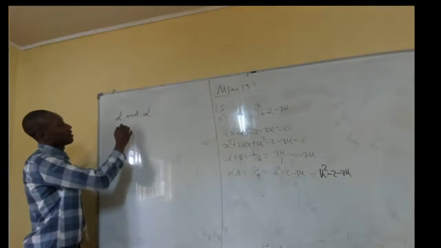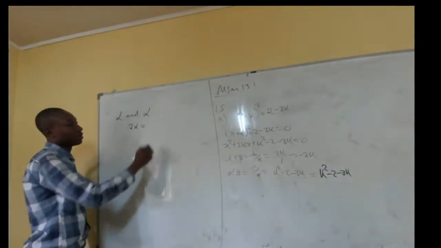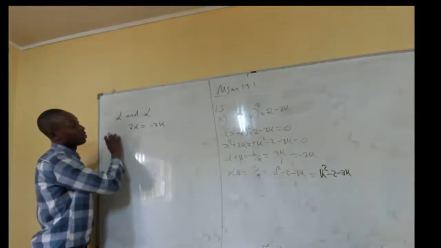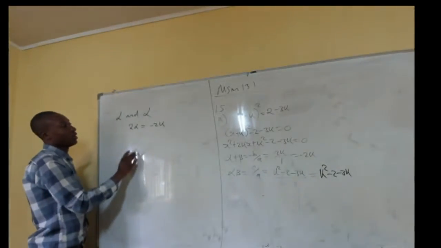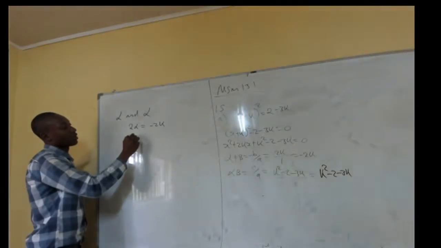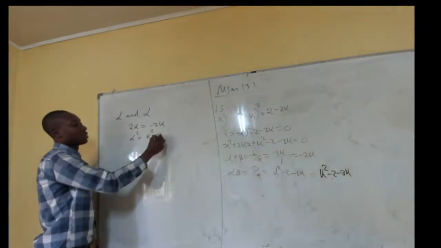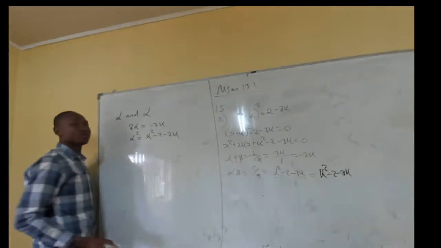So we have the sum of roots as 2 alpha is equal to negative 2k, because when you add alpha and alpha you get 2 alpha. The product is alpha squared is equal to k squared minus 2 minus 3k.